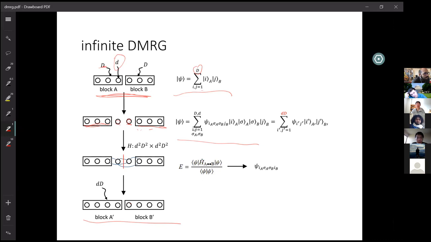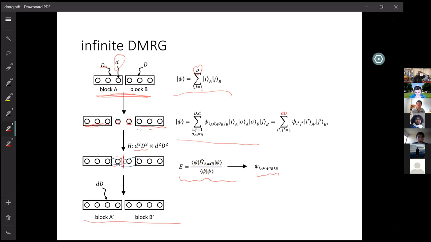Now we just do the exact diagonalization of this d squared times capital D squared dimensional Hilbert space, right? And we find the wave function. We basically minimize this object and find the wave function. Okay, now we want to close the loop by growing the block by 1 site. That means we absorb this site into the block.